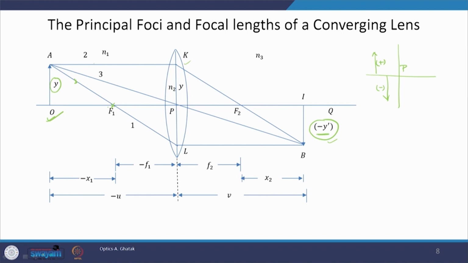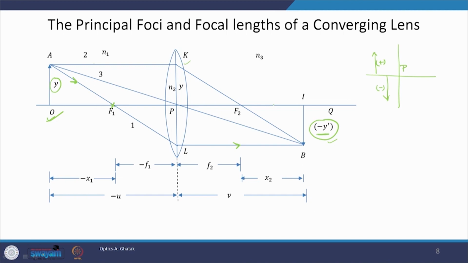If a ray passes through the first principal focus of a double convex lens, then after suffering refraction through the lens, this ray will be parallel to the axis of the lens. Here you see that this first ray passes through point f1, which is the first principal focus, and after getting refracted it became parallel to the axis of the lens.